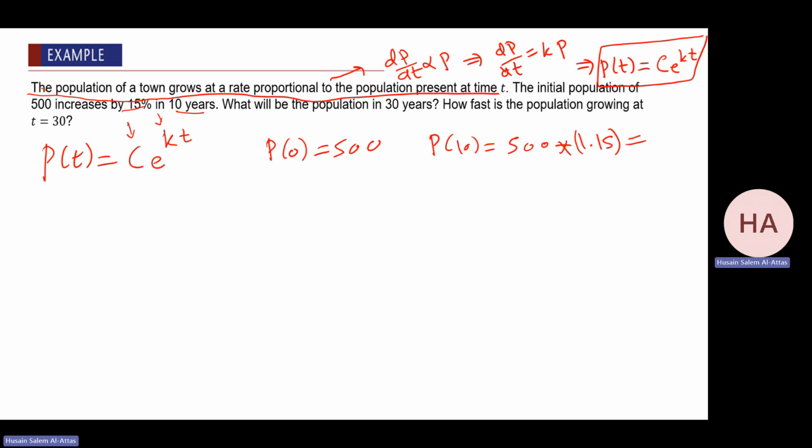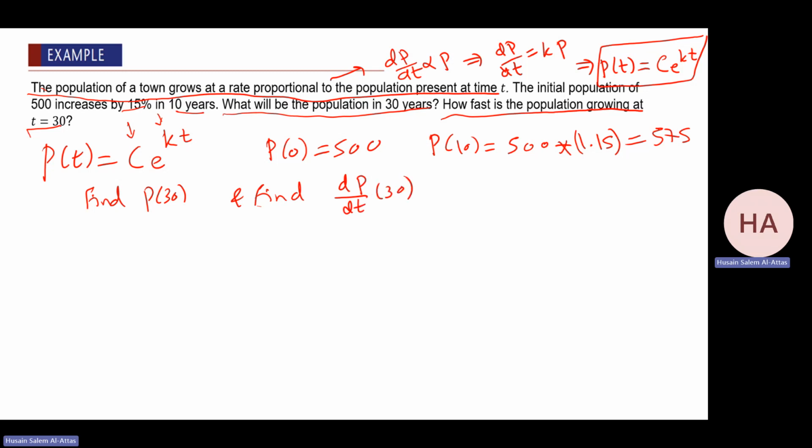If we do the calculation, this is 575; you can check it by calculator. The first question is, find P at 30. The second one, how fast is the population growing at t equals 30? That means find dP/dt at t equals 30.